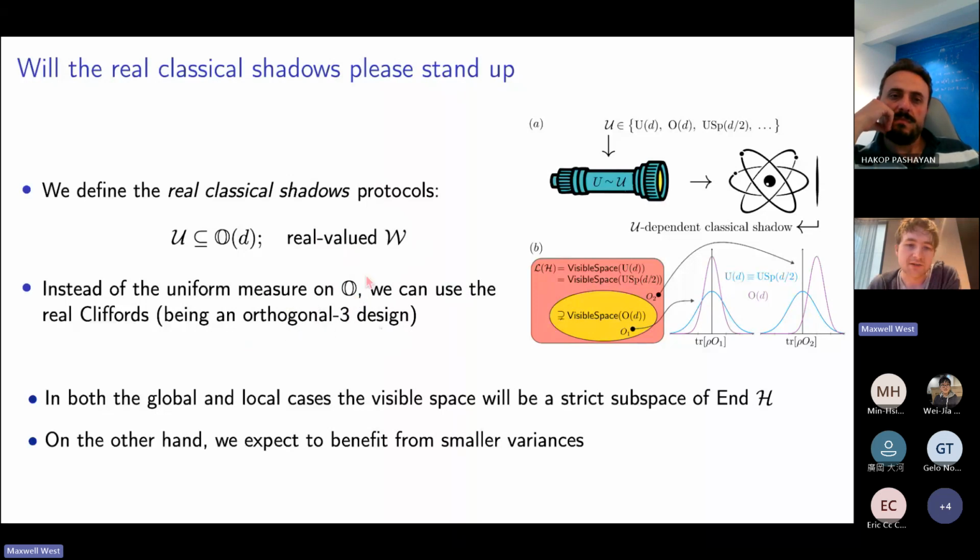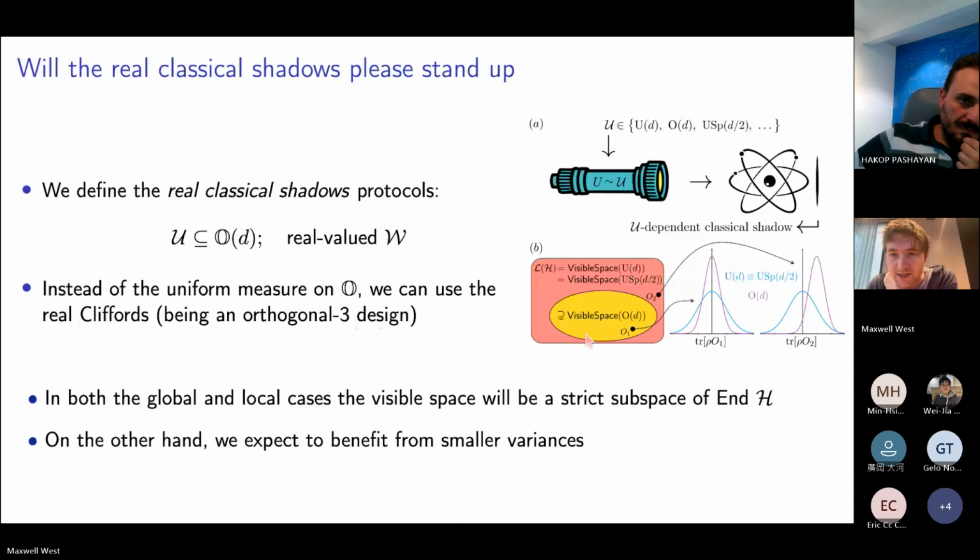So throughout this, when I say random orthogonal matrices, I could just be talking about Cliffords, which is super important for actually trying to implement any of this. Okay, the situation is summarized, at least on the bottom part of this little figure here. In the unitary case, we asserted that the visible space is kind of maximal.